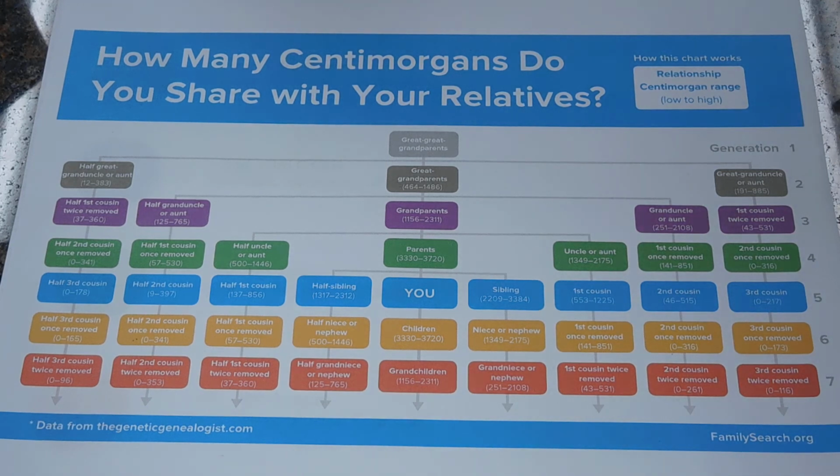This is an interesting chart that I found at familysearch.org, and they got it from geneticgenealogist.com. It has a family tree laid out, and with that family tree, it labels what people on different levels of the family tree are, and the range of centimorgans that you can share with those people.